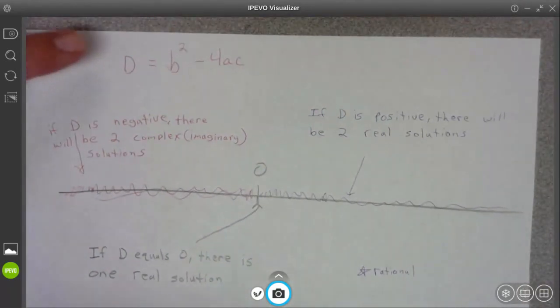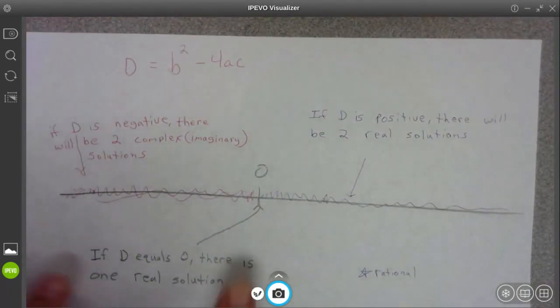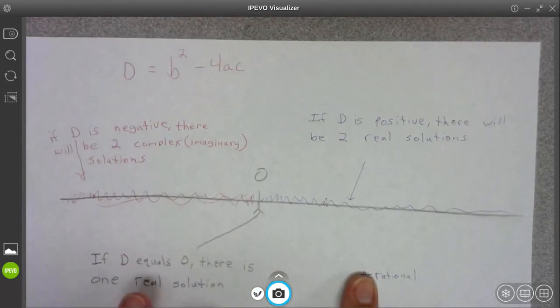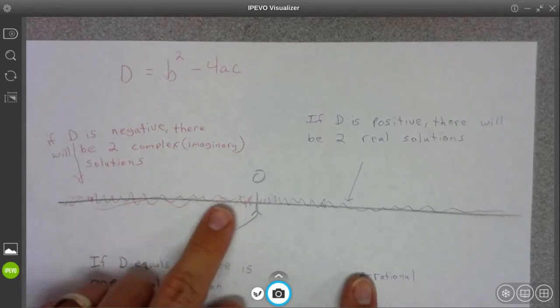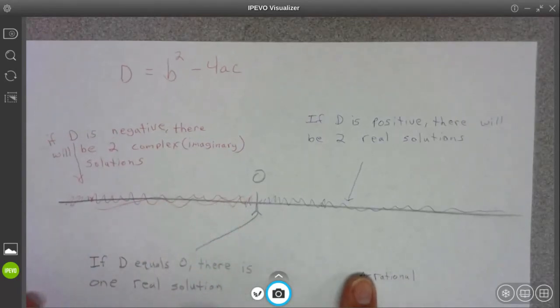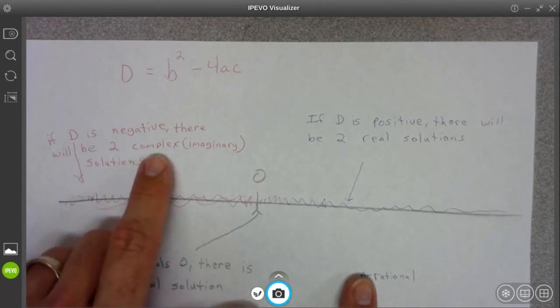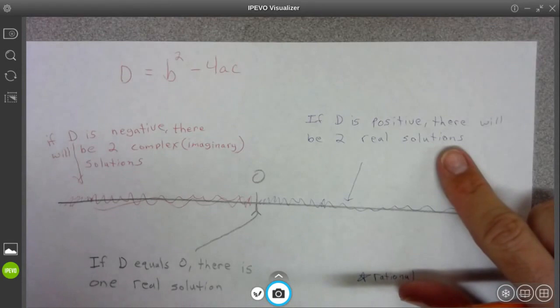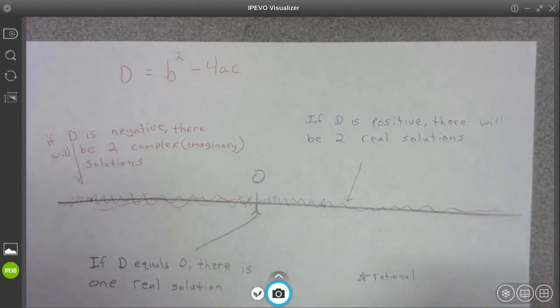So those are the 3 cases for the discriminant. All right, the discriminant is b squared minus 4ac. If the discriminant is equal to 0, there's one real solution. If the discriminant is negative, then you get 2 complex solutions. And if the discriminant is positive, there's always going to be 2 real solutions.